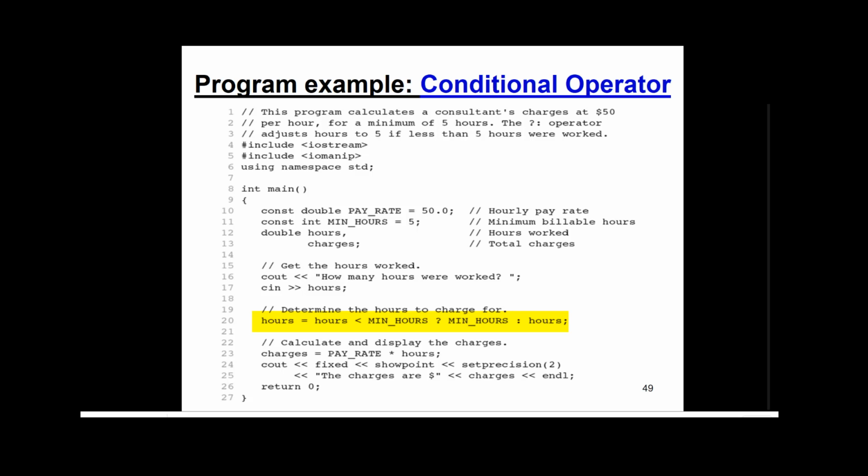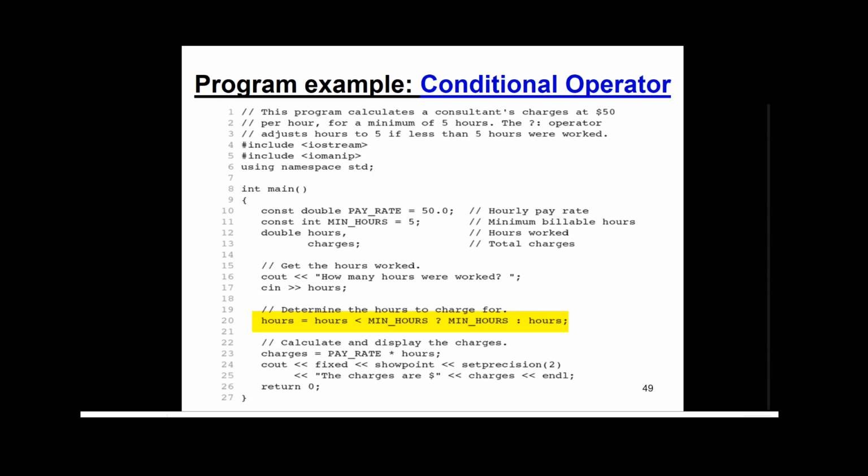This is the computation of the minimum charge: determine the hours to charge for. So hours equals hours less than minimum hours, question mark, minimum hours, colon, hours. What does it mean here? This statement is really an if-else statement.